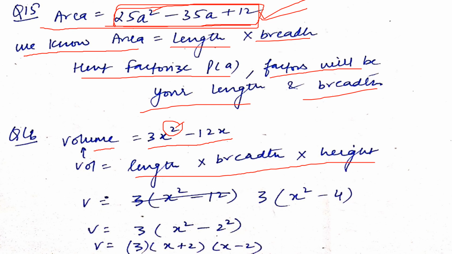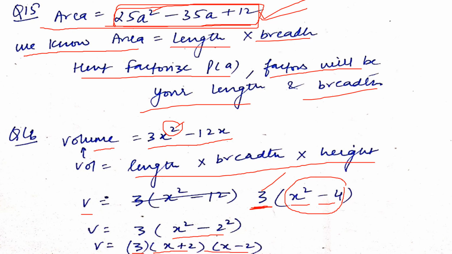So let's see how to solve. Very easy. What I've done is I've written V is equal to 3, I've taken common. What is left inside? X square minus 4. So 3 is the first factor I've got, and x square minus 4 will give me 2 more factors. How? Because it is written as x square minus 2 square, and V is equal to 3 into x plus 2 into x minus 2.